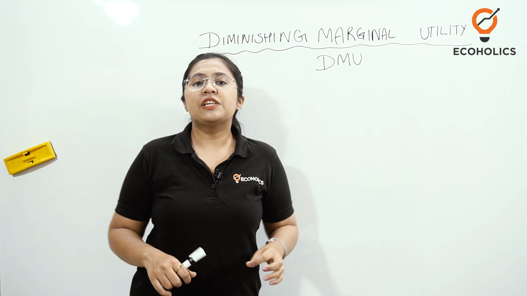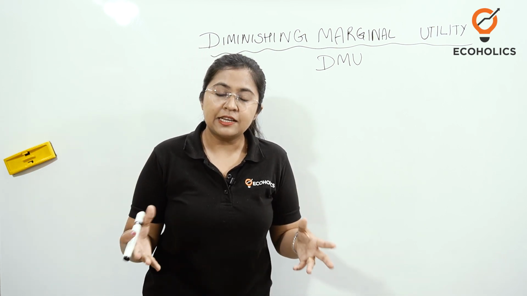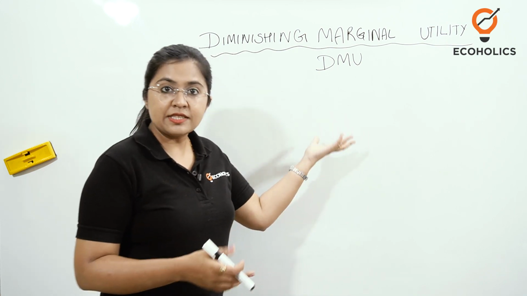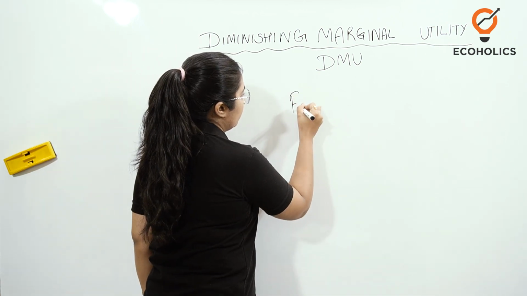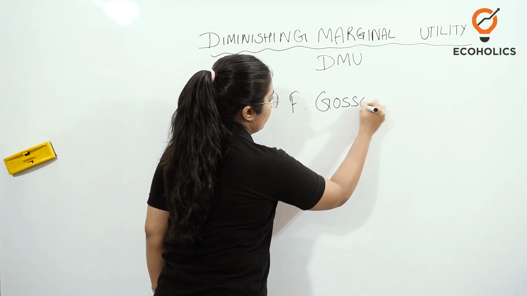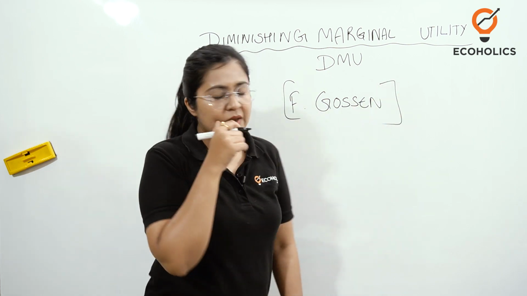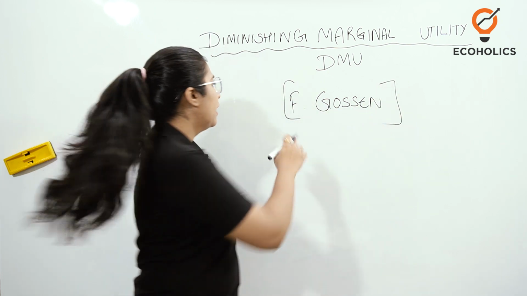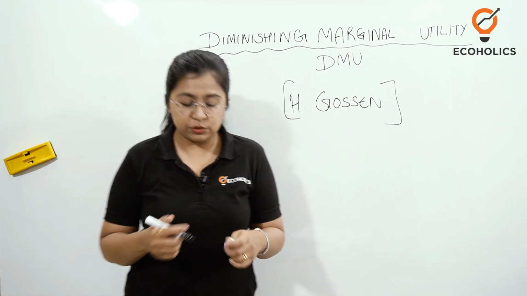Initially, the first economist who had postulated or formulated this economic concept was Gossen. So Gossen was the one who had initially developed the theory of diminishing marginal utility.